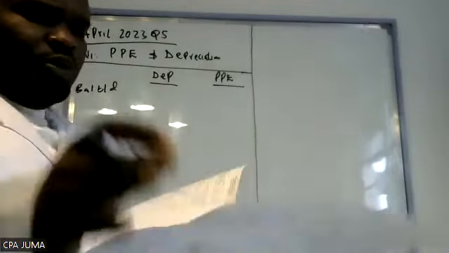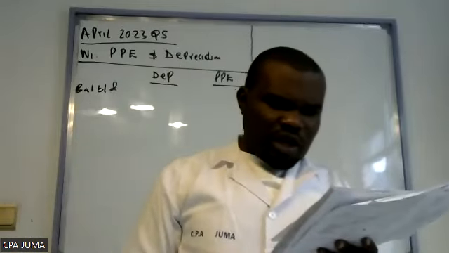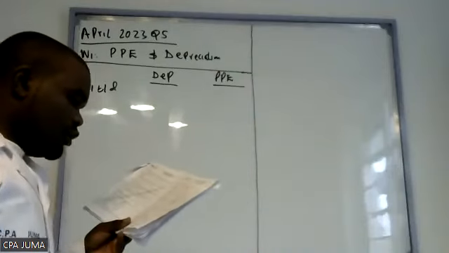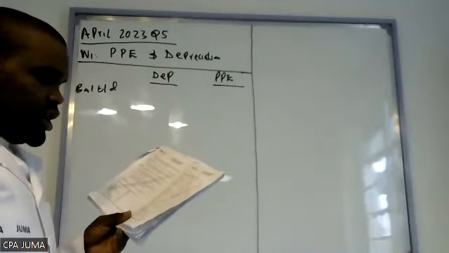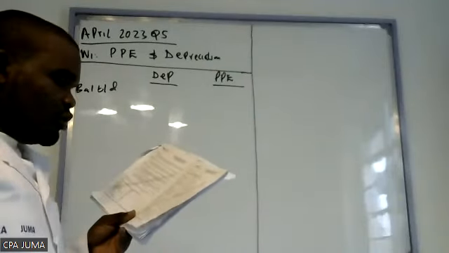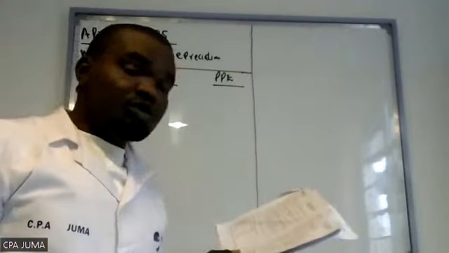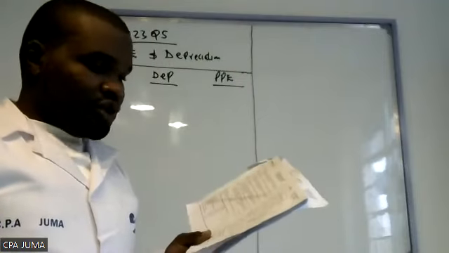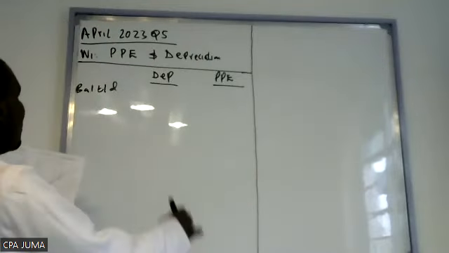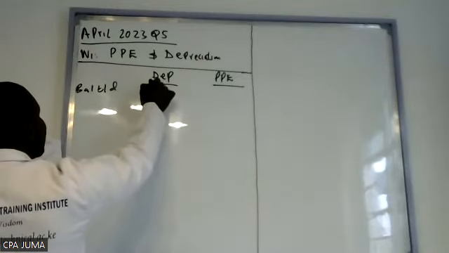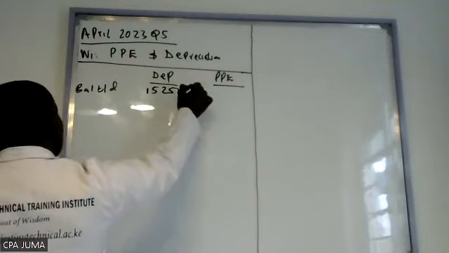So now, PPE, check additional information number 1. PPE at net book value, opening was 14,750 and accumulated depreciation was 15,250. I hope you are able to see the figures. Additional information number 1. So depreciation was 15,250.